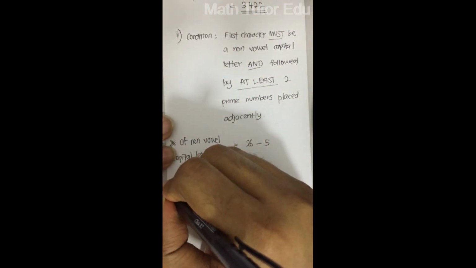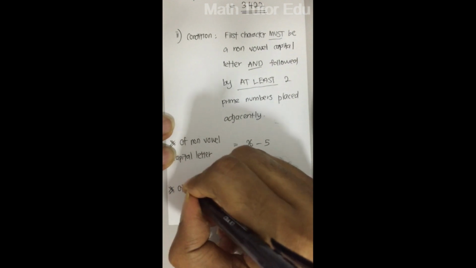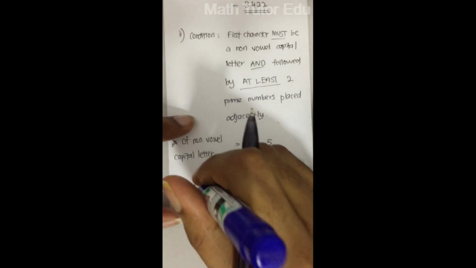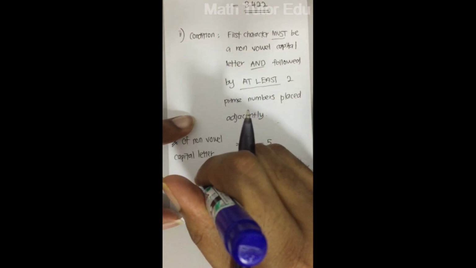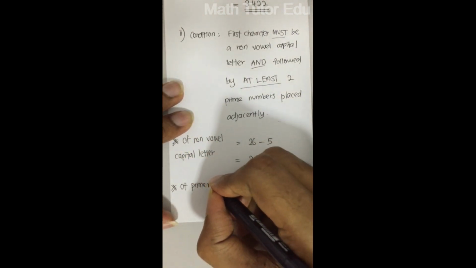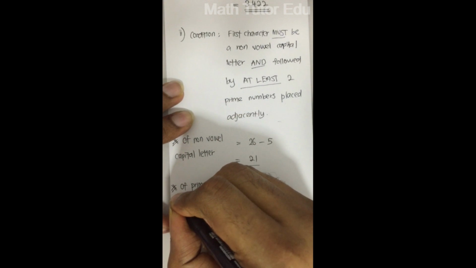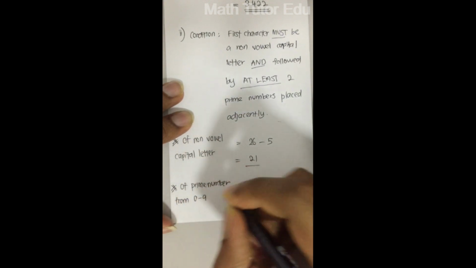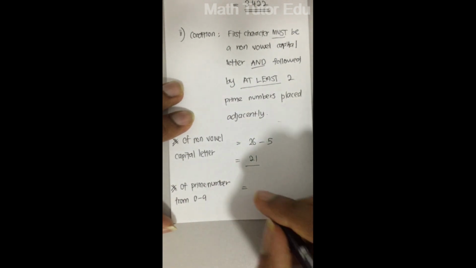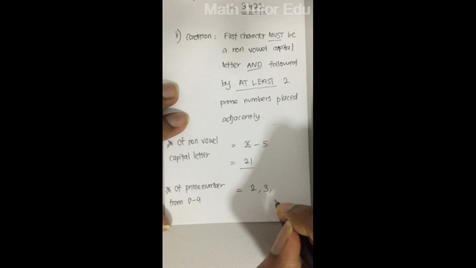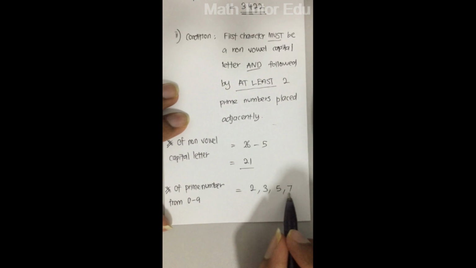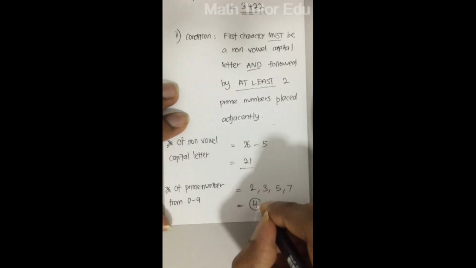So from here, the number of prime numbers from 0 to 9, you need to list them out. So from 0 to 9 you have 2, 3, 5 and also 7. So you have a total of 4 prime numbers.